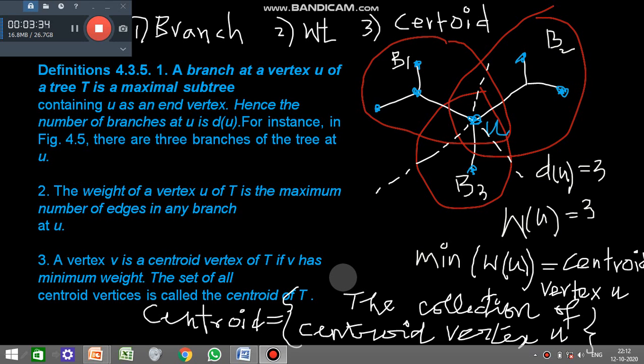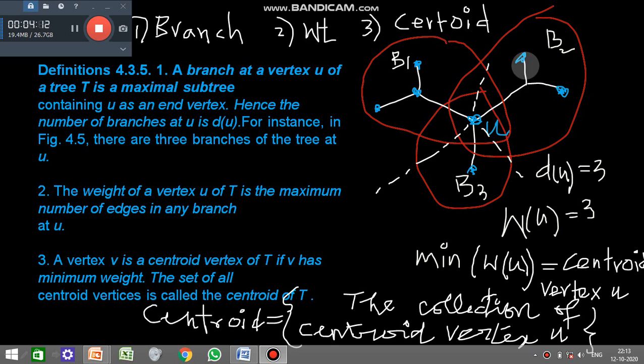The next one is about the centroid vertex. Centroid vertex is the one with minimum weight. What is a weight? Weight is the maximum number of edges in any branch at U. Okay, and that's called the weight of the vertex U. Suppose it is a minimum, then it is called a centroid.